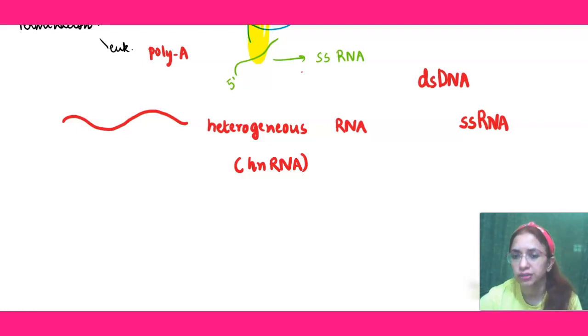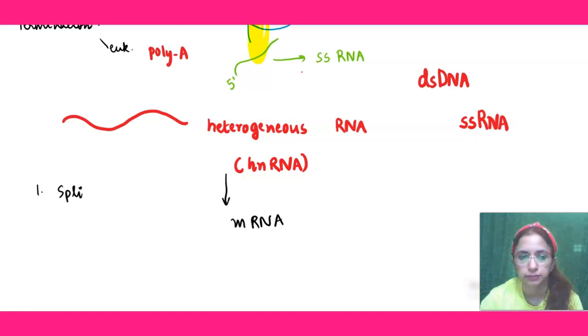But first, heterogeneous RNA will be transformed into messenger RNA. So during this process, when heterogeneous RNA gets converted into messenger RNA, three things happen, okay? First is splicing. Second one is capping.